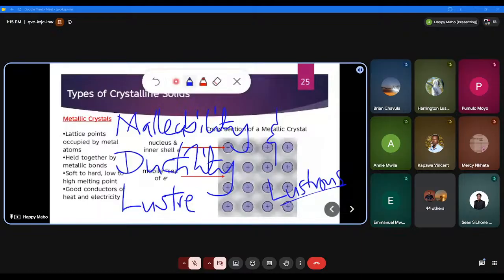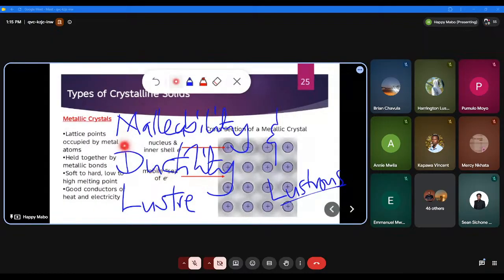This is because the electrons in them are able to absorb photons from light energy when it is directed at them. When they absorb these photons, they re-emit them, and that gives them the ability to present themselves as objects that shine. They absorb these photons, then they re-emit them.